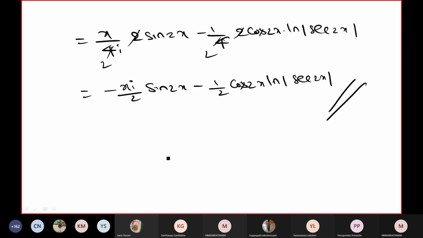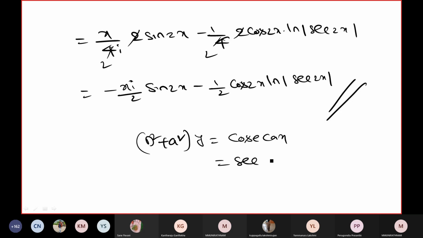In the same way, you have to solve d square plus a square into y equal to cosecant ax, secant ax, cot ax.